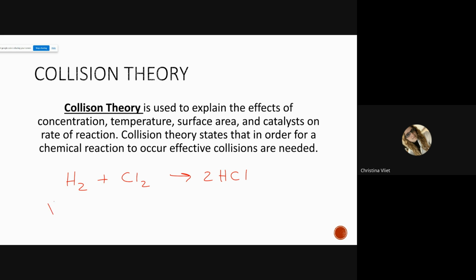You've got a bunch of this. And you've got a bunch of molecules of this. And they're just floating around. These are both gases, right? So how, if H and Cl and Cl are in a container, how do they become HCl in the first place?